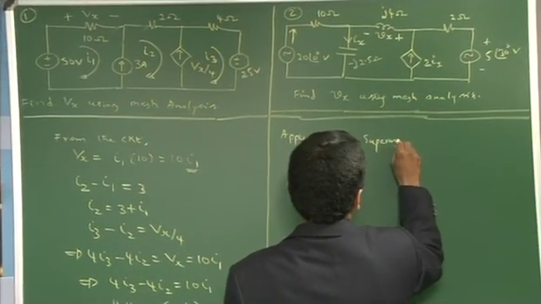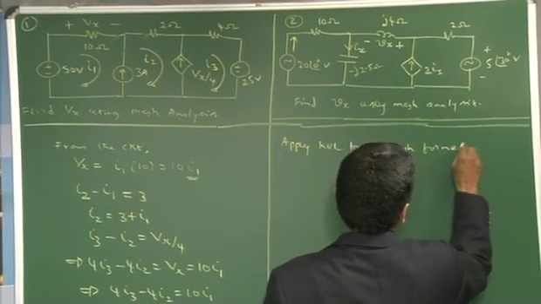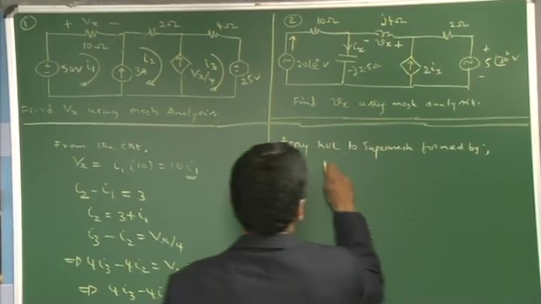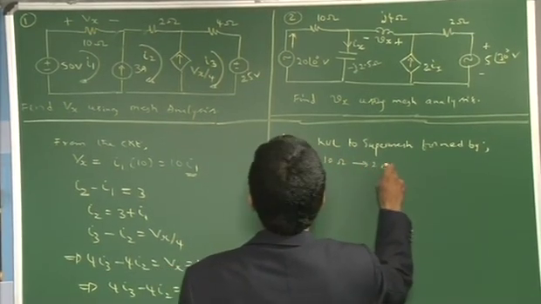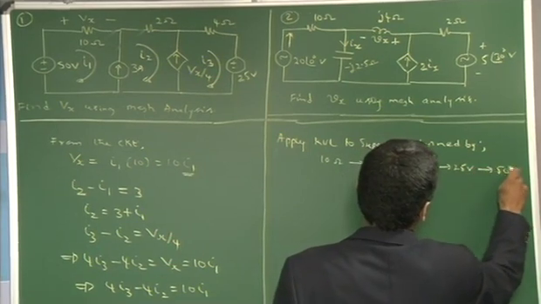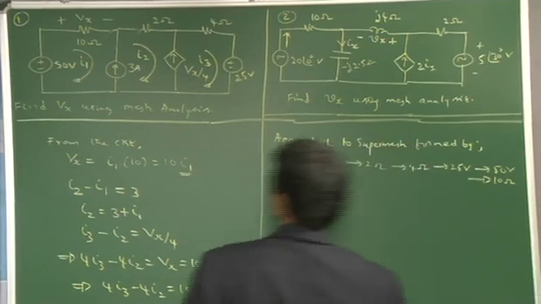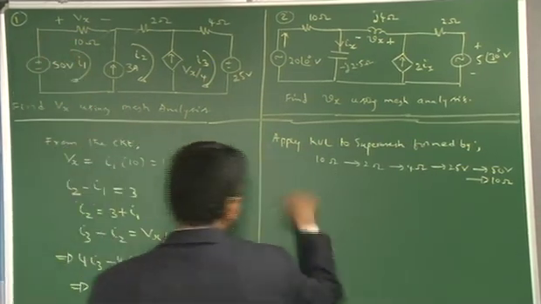Identify the super mesh now, as formed by 10 ohms, then 2 ohms, then 4 ohms, then 25 volts, then 50 volts, then back to 10 ohms. So, let us start from here. We are going clockwise.